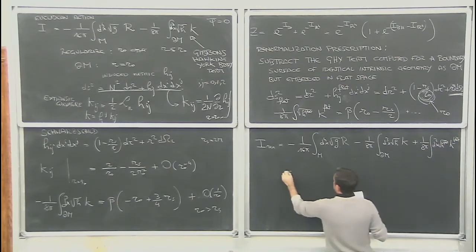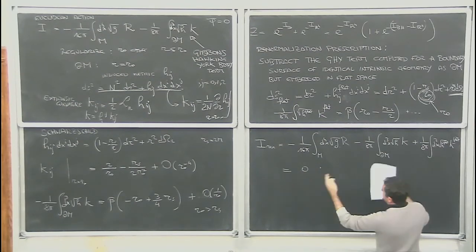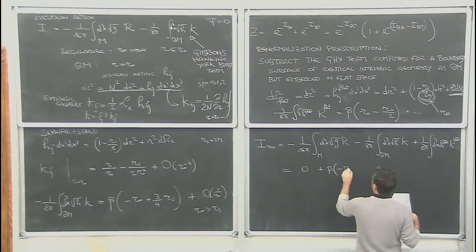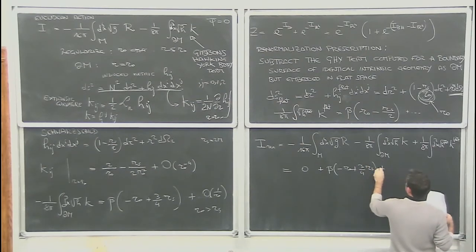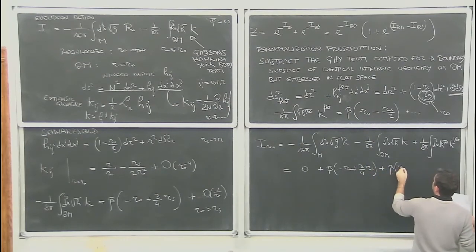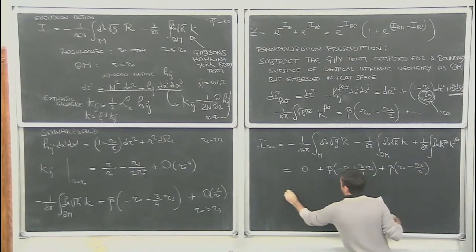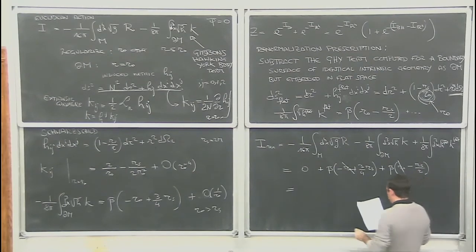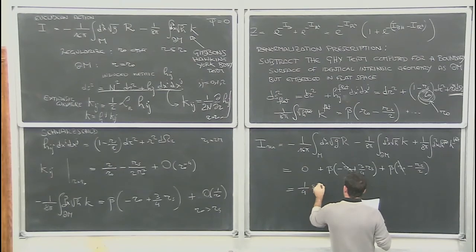So this is 0. The divergences are, well, let's also write plus beta times minus r0 plus 3/4 Rs, plus beta times r0 minus Rs over 2. So divergences go away, and I'm left with a finite term that should be 1/4 beta Rs.